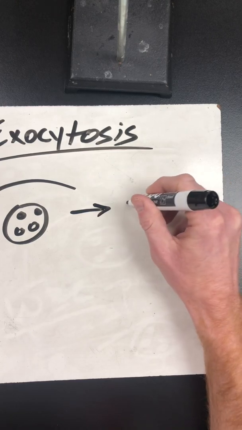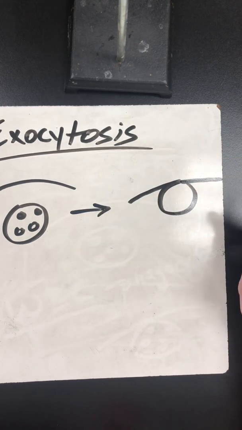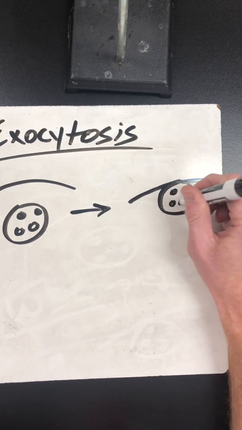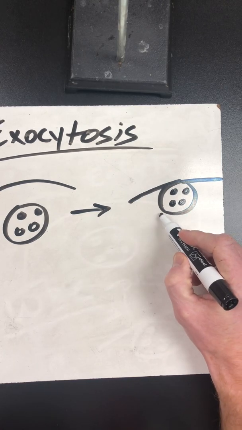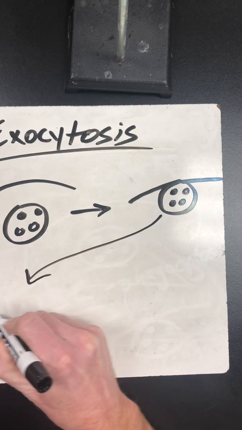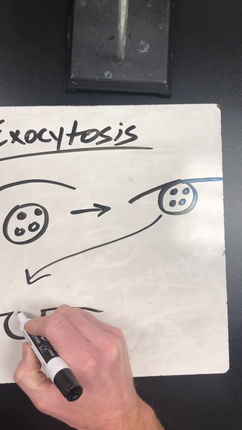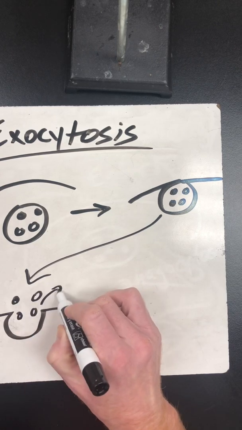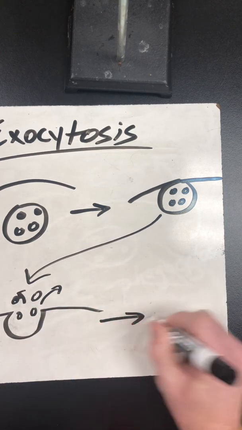And it's going to basically kind of become part of the cell membrane, okay? So once it becomes part of the cell membrane, I'll draw another arrow down here, it's going to open up the cell membrane and do the exact opposite that we saw before. So now these little molecules that I had inside the cell can start to exit the cell. All right? And then finally, we end up with something like this.